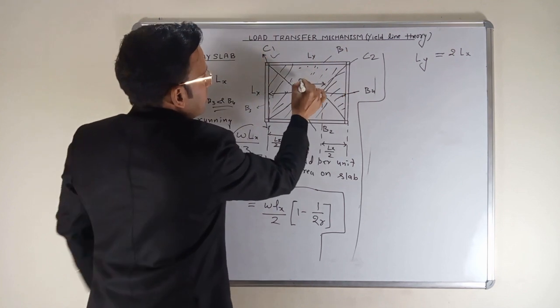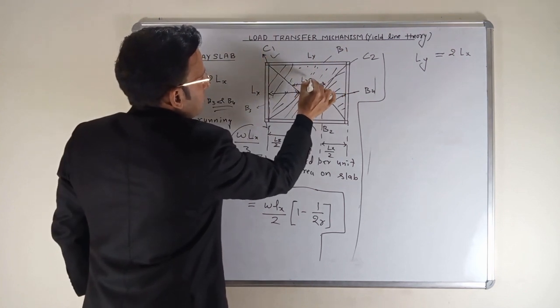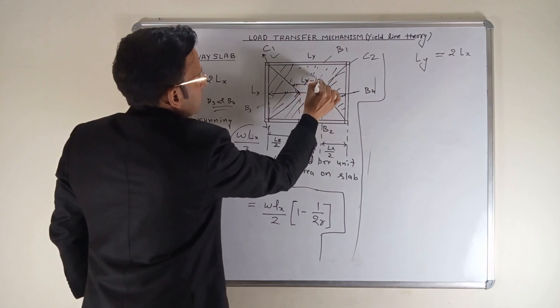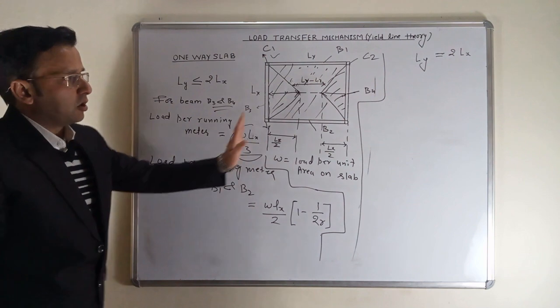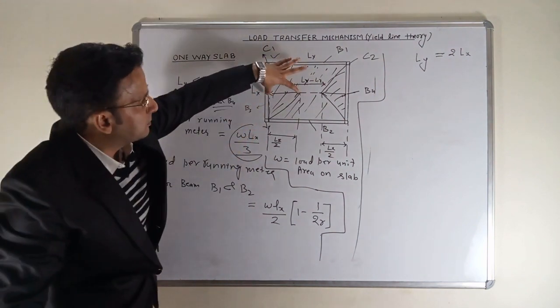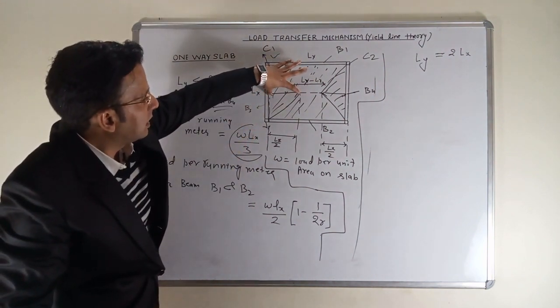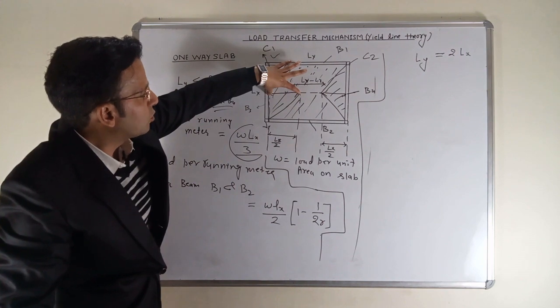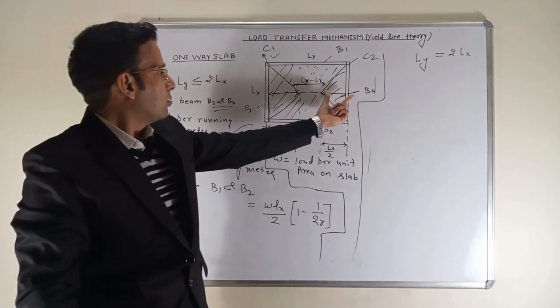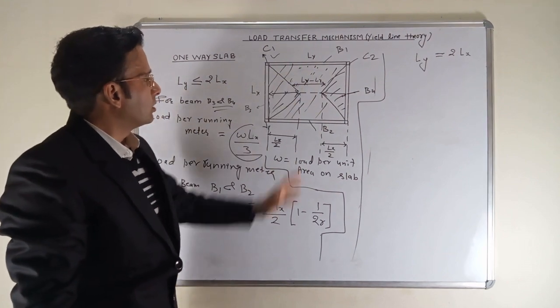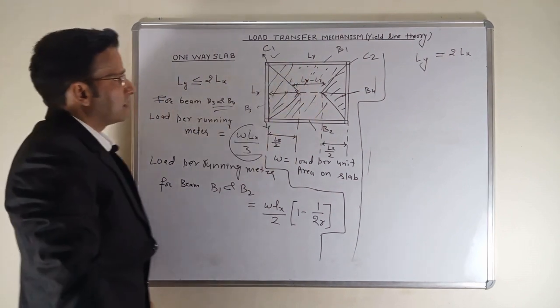Then the rest portion will be Ly minus Lx. I only add that this portion is Lx by 2, and this portion is also Lx by 2. So this remaining portion is Ly minus Lx.